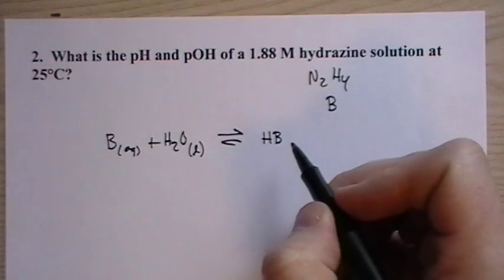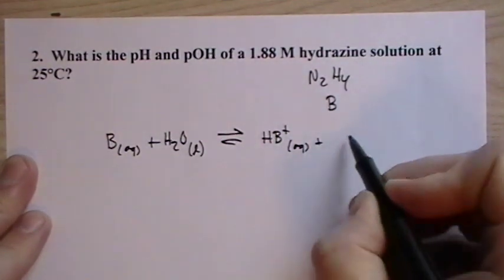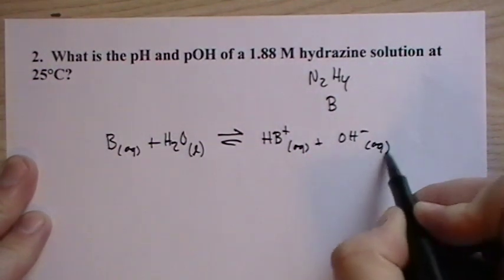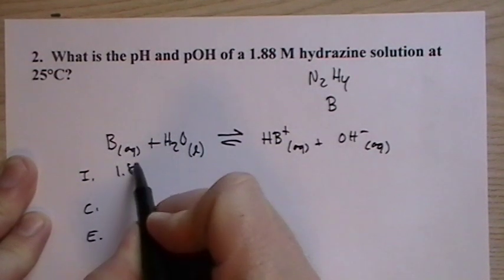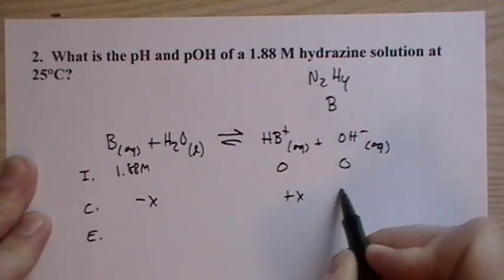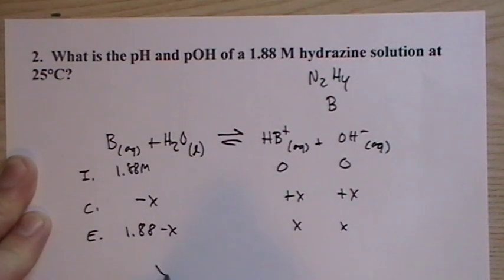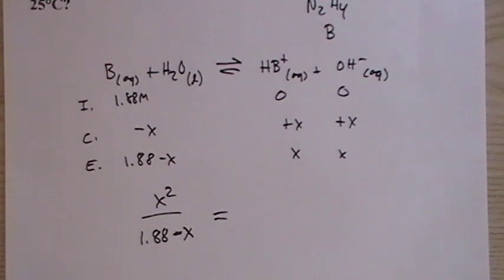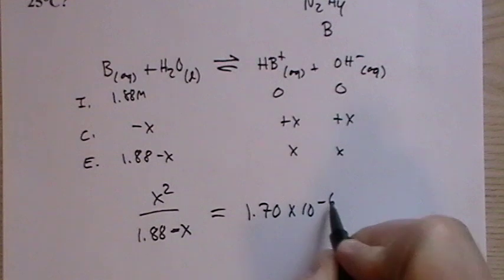And then you have HB plus and OH minus. Initial, change, equilibrium. We have 1.88 molar of the base, minus X, plus X, plus X. 1.88 minus X, X and X, X squared over 1.88 minus X. And then we look for the Kb for hydrazine, and that would be 1.70 times 10 to the minus 6.